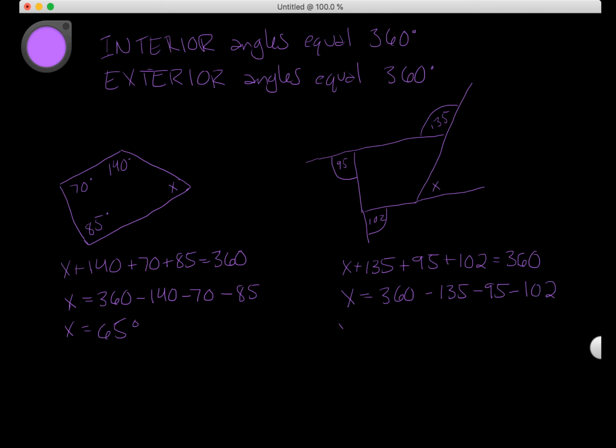So 360 minus 135 minus 95 and minus 102 would give us 28 degrees. So our missing exterior angle is 28 degrees.